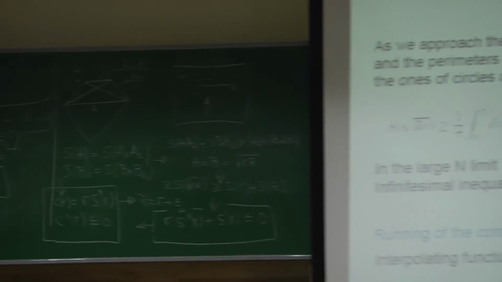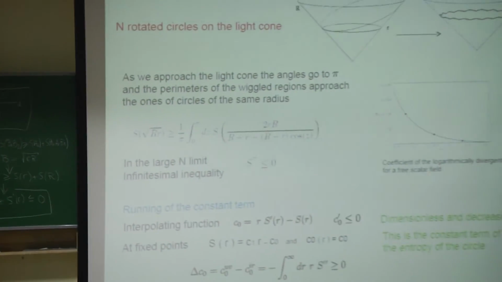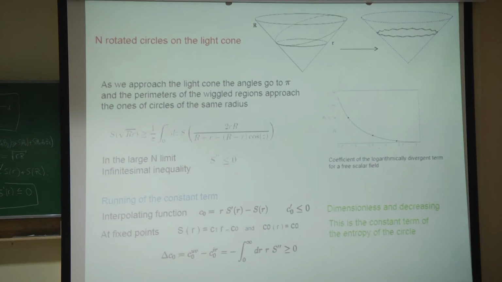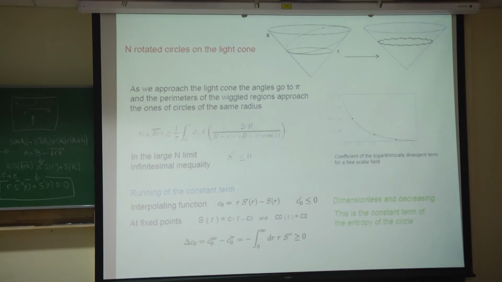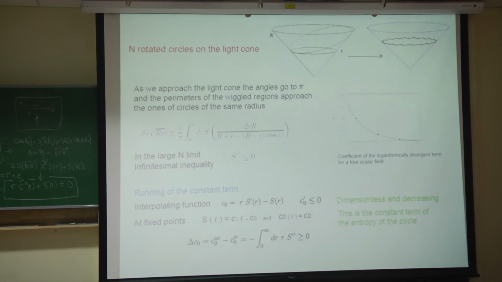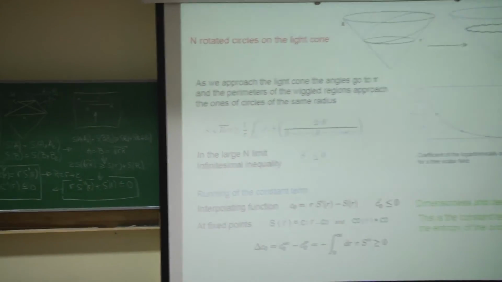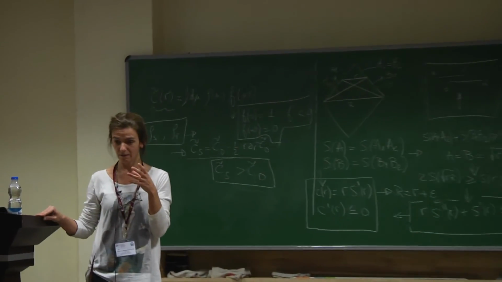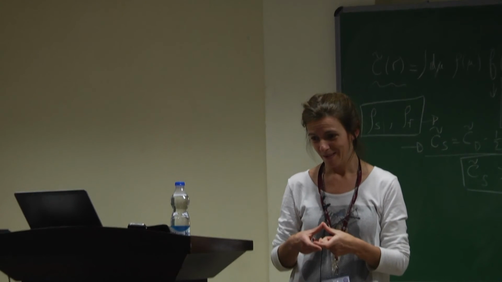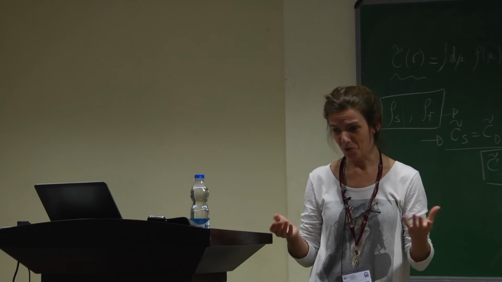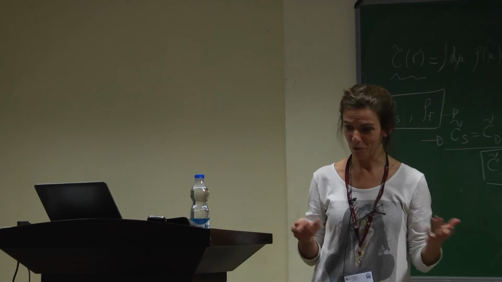Is there any hope of doing this in 4 dimensions? In 4 dimensions, you need more than strong subadditivity. I mean, in 4 dimensions, it's easy to think in the sets, because you have intersections and unions. It's easy again, as in 1+1.